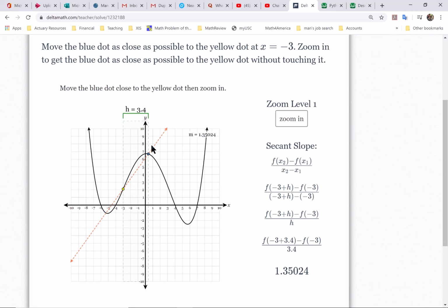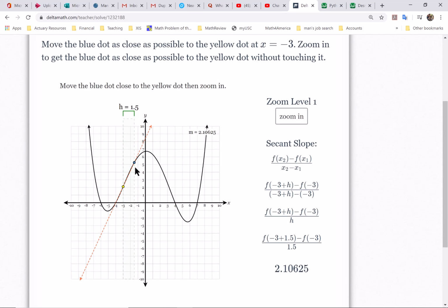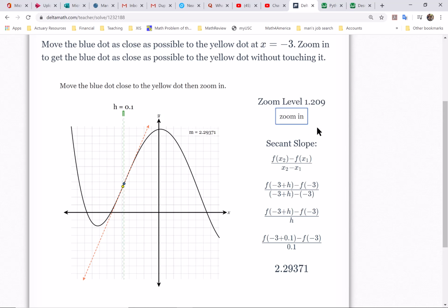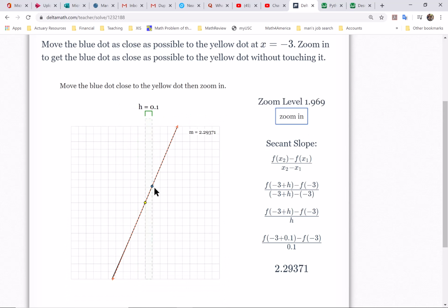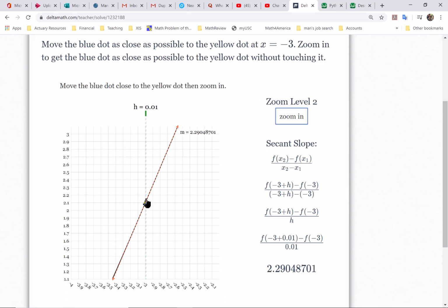And then we're going to move this point closer and closer and closer. You can see that this number here changes by a little bit, by a little bit, by a little bit. And if you get close enough, you end up with the slope of the tangent line. Right now h is 0.01. We could zoom in even more and make this even closer.